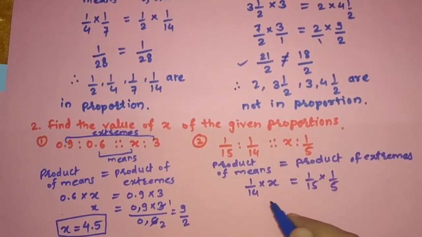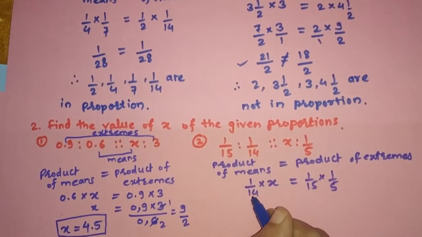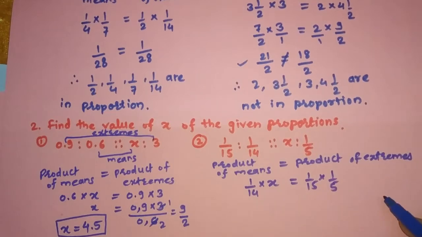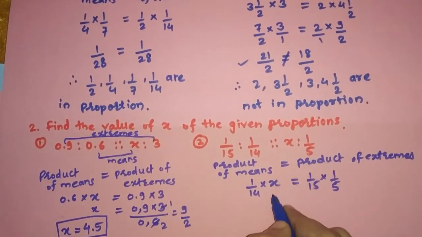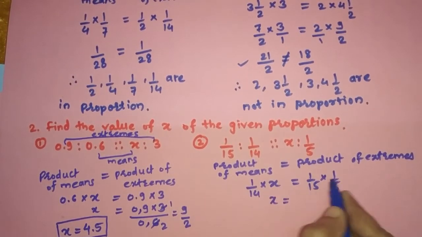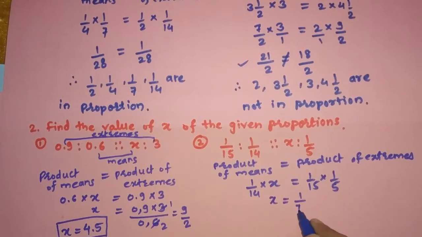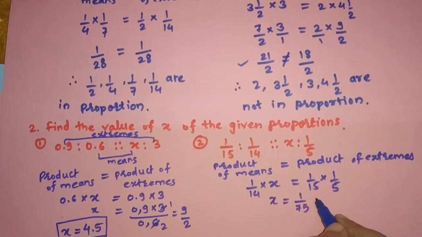So friends, here we just need to take this 1 by 14, which is in multiplication, to that side, and it will go into division. So here we'll write down x, and here we'll take the product, 1 upon 75 will come, that is 15 times 5 is 75, and this multiplication goes and comes in division, that is 1 by 14.